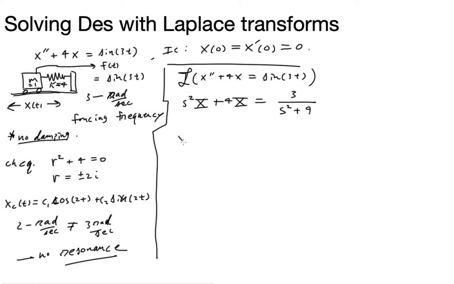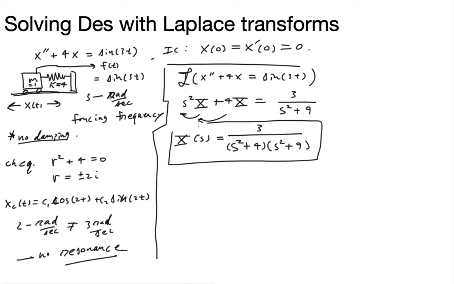Okay, we can solve for capital X of s, and it's going to be 3 all over (s squared plus 4)(s squared plus 9), by just factoring the capital X out, and the s squared plus 9 having to do with the forcing. Right, so that's our answer for this.